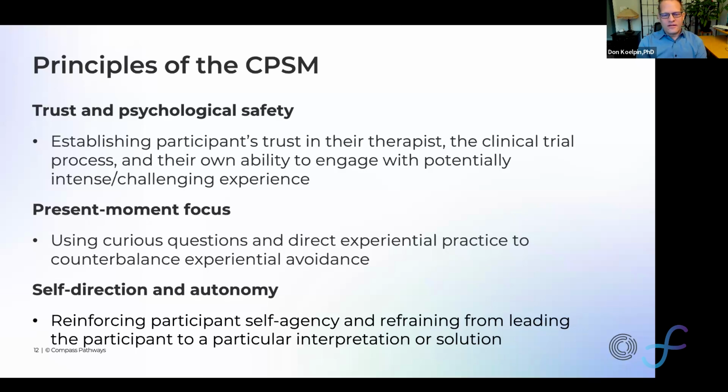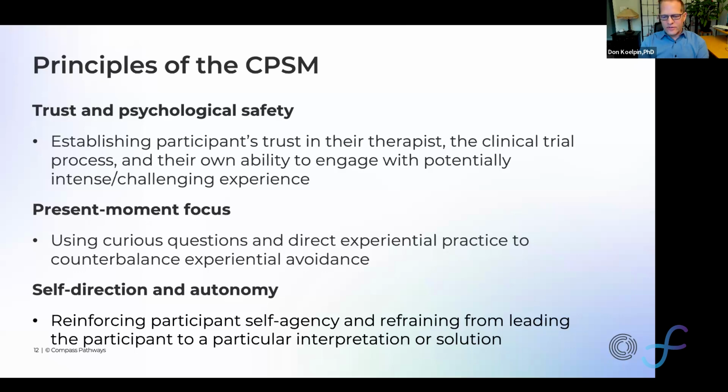As far as skill sets that the participant needs to have, there is an understanding of the importance of engaging with the present moment. And I think this is really a core component of preparing for a psychedelic experience.